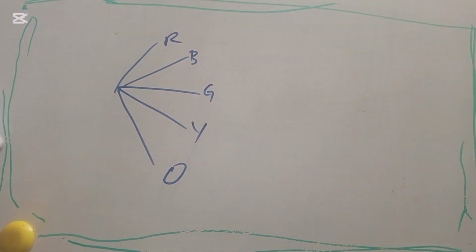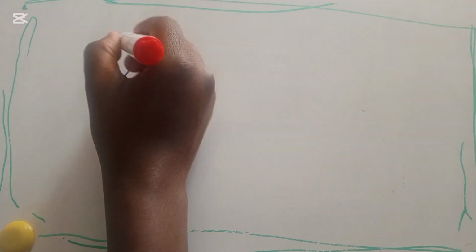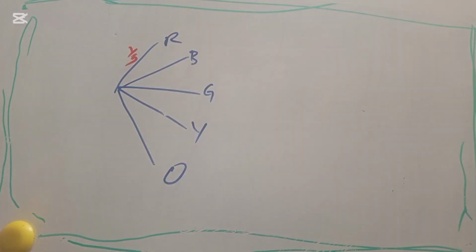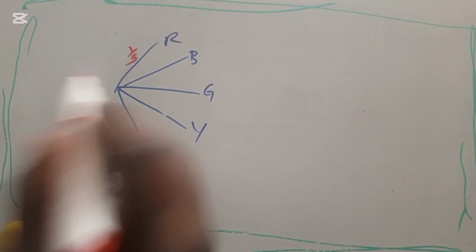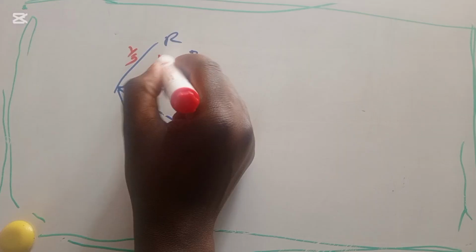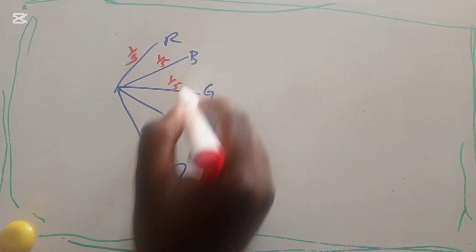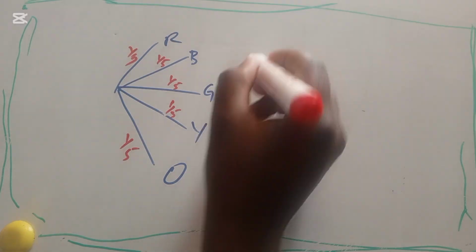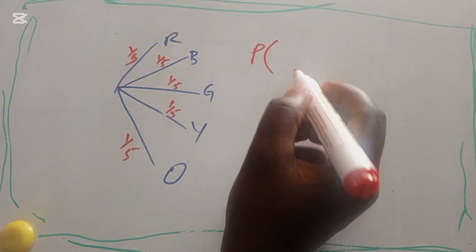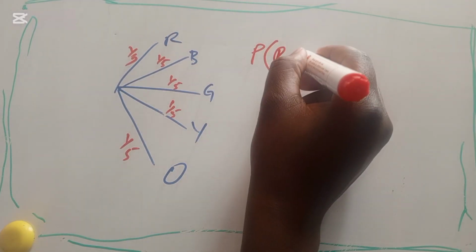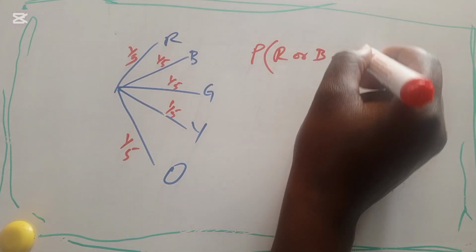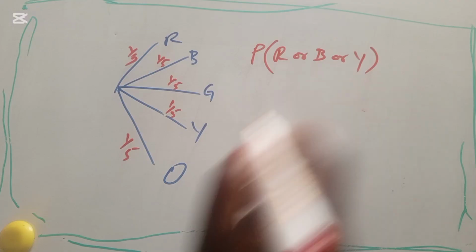The probability of getting a red is 1 over 5 because there are equal chances and there are 5 possible outcomes. So this one is also 1 over 5, 1 over 5, 1 over 5, and 1 over 5. You are being asked the probability of red or blue or yellow.